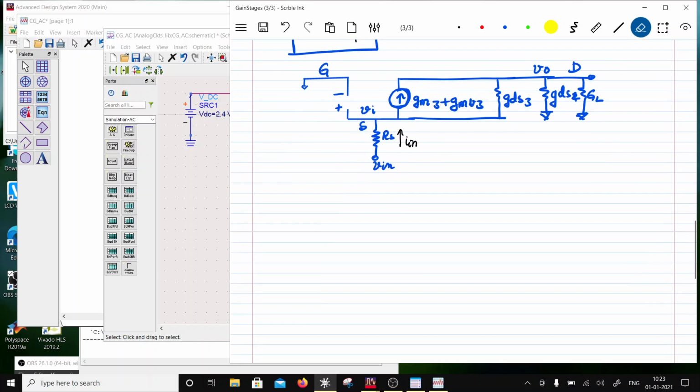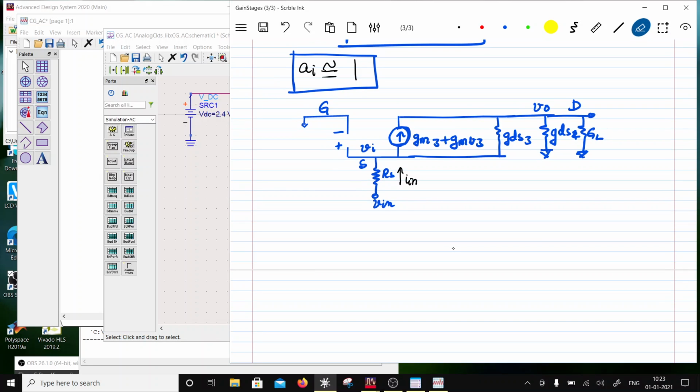Now what I'm going to do is short all other small signal sources. So this input will go off and be connected to ground here, right? And then the current direction I have to take is negative, right? So this is the direction of current.